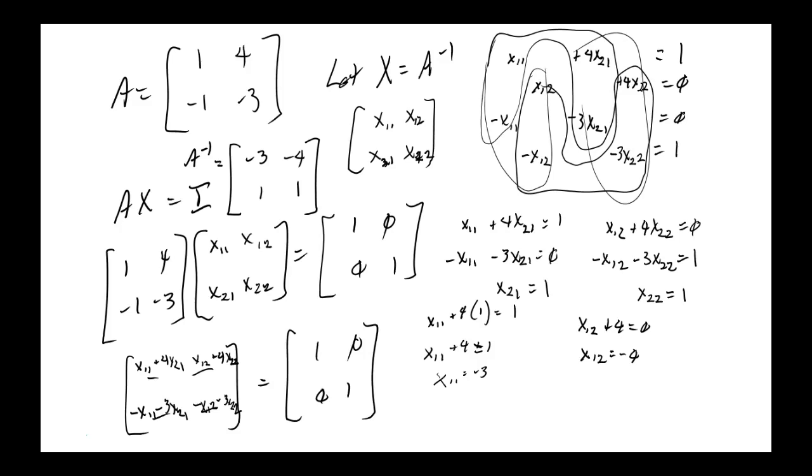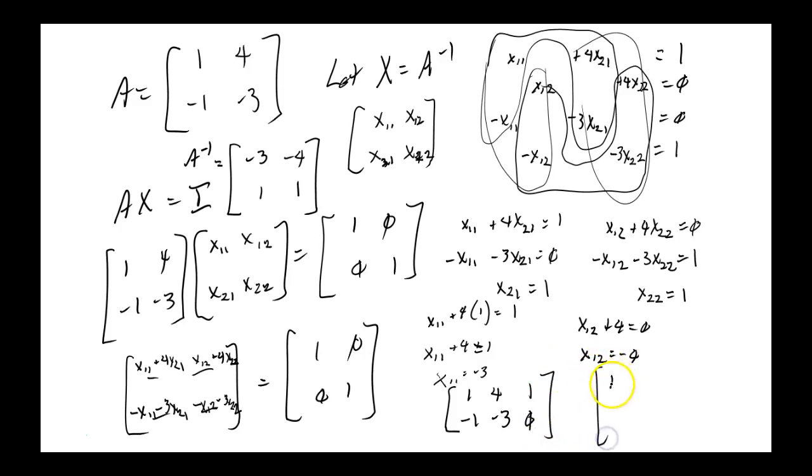Now, I did it by elimination by addition. What you could have done is this. Gauss-Jordan elimination. 1, 4, 1, negative 1, negative 3, 0.